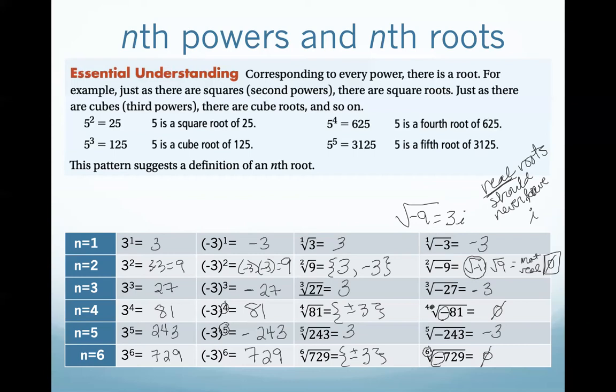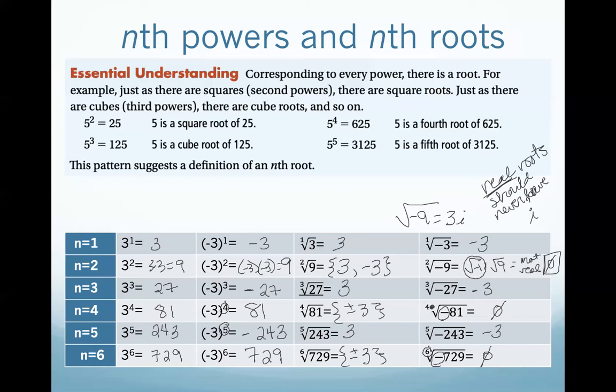So the pattern here is just like before when we were raising our negative numbers to powers, we alternated positive and negative. When we take the root of negative numbers, we alternate negative and not real.